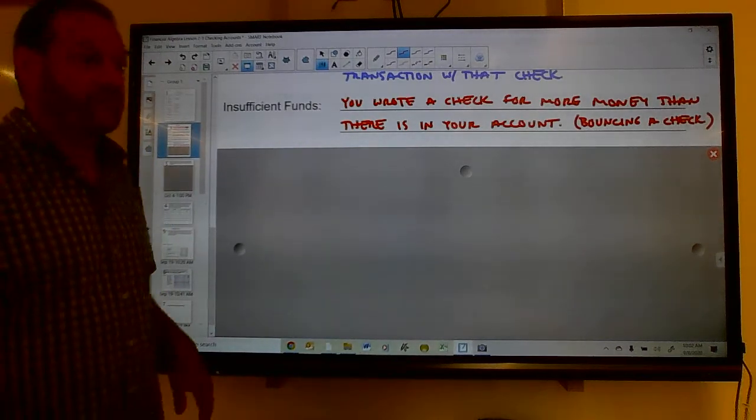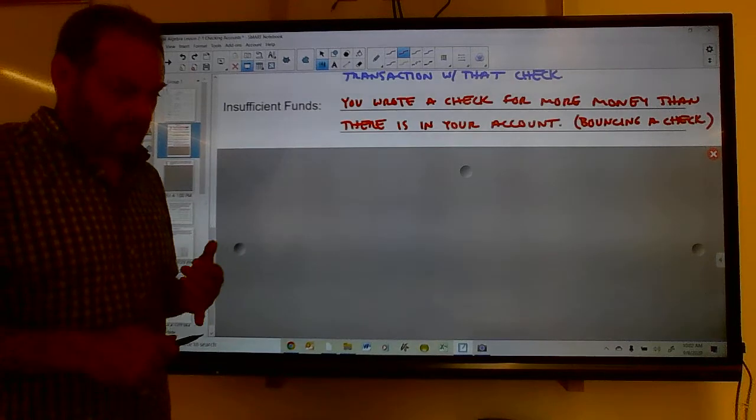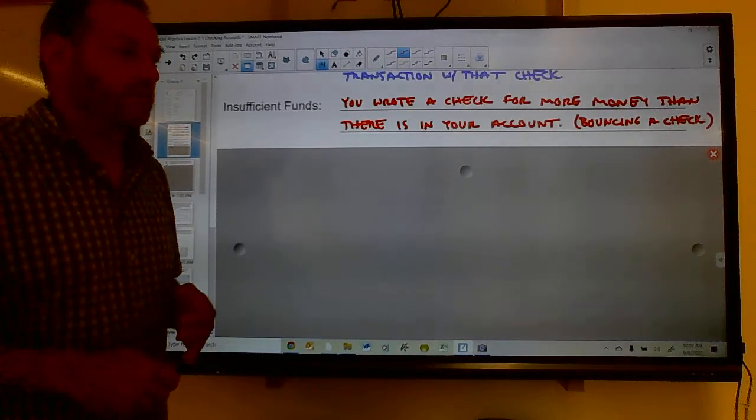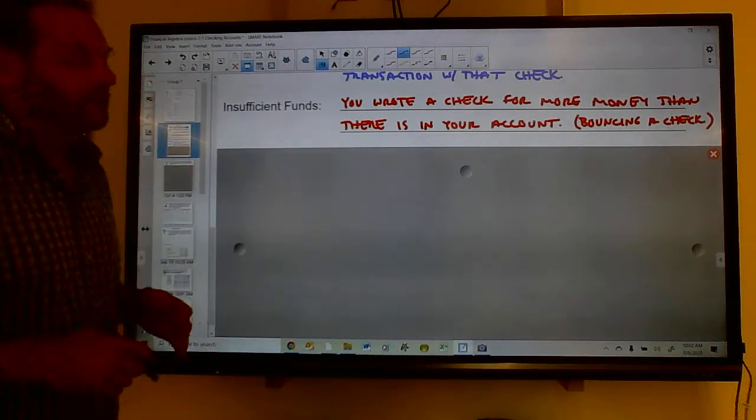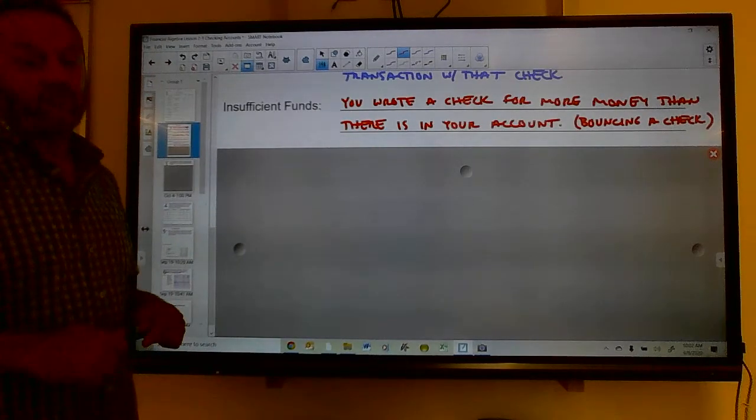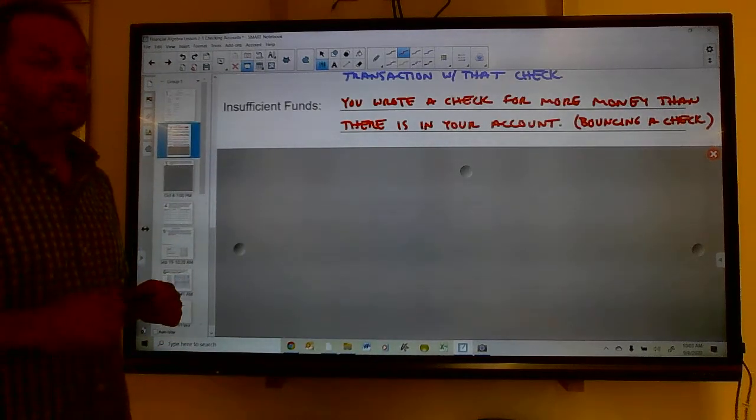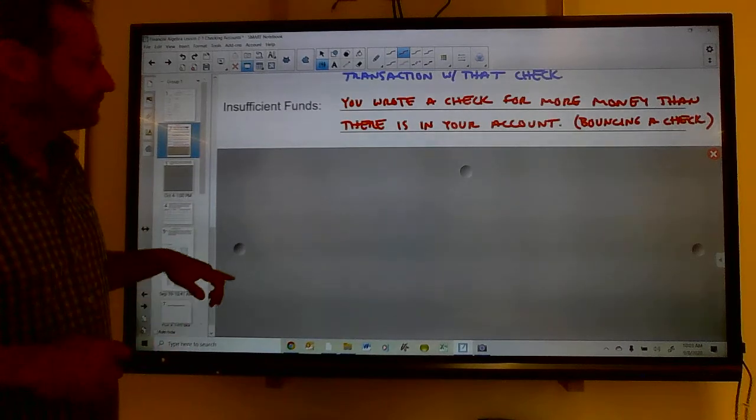You can get hit for fees from the person who accepted the check and the person who deposited the check. And yeah, you want to make sure that you have enough money in your account so that you don't get insufficient funds.